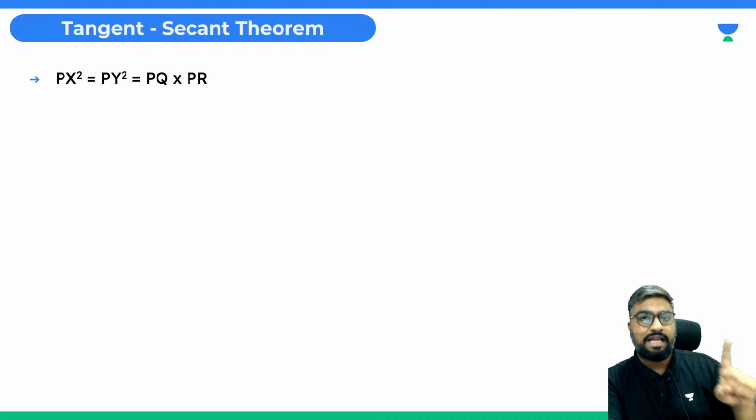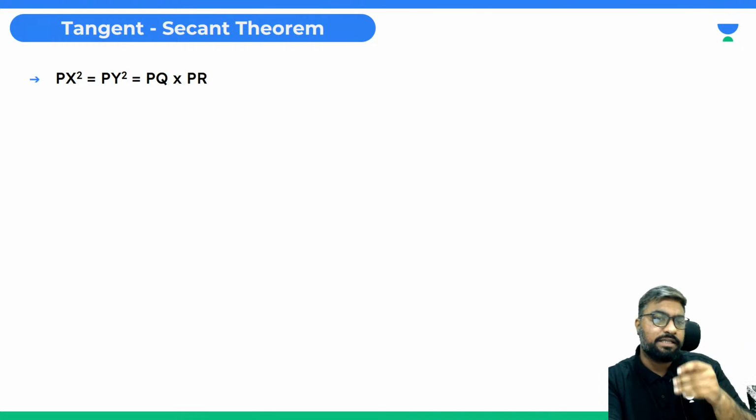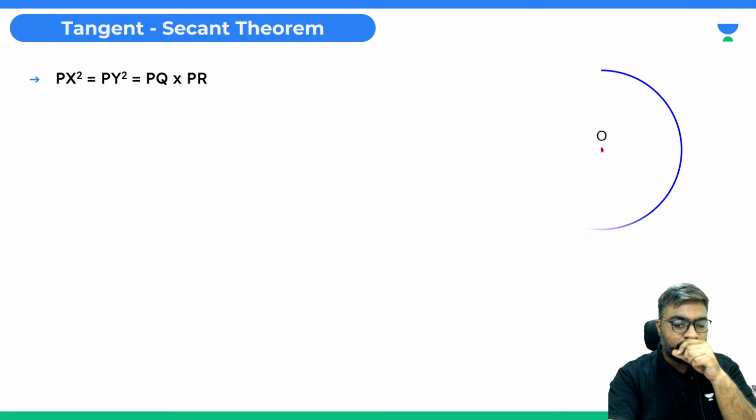तो अपन ने क्या देखा? Tangent radius, tangent secant, and now it is tangent secant.